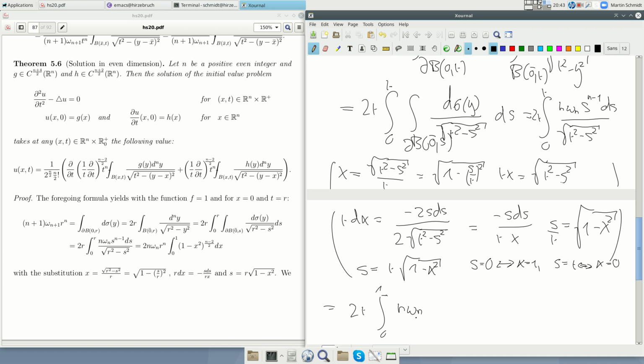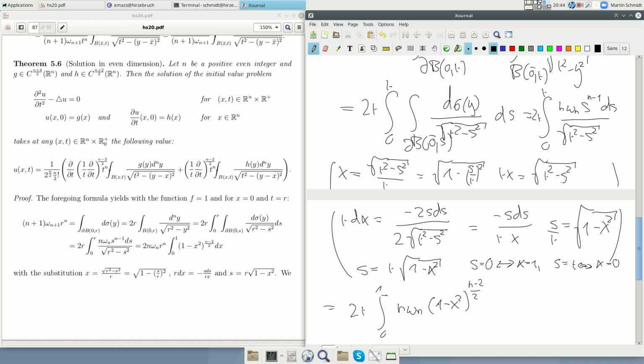Now s ds is equal to r dx, so we have s, which is 1 minus x squared. Now how many powers remain? We have n minus 2, so n minus 2 over 2.